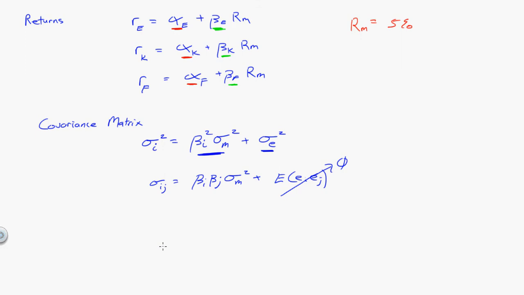Hopefully it comes close, but it's not going to do that perfectly. It's not going to predict the returns for GM perfectly. So there's going to be error left over for Apple and error left over for GM. But I'm assuming those two errors are unrelated. So the fact that the market model underpredicted Apple shouldn't tell me if it's going to under or overpredict the return for GM. So those things should be independent of each other.